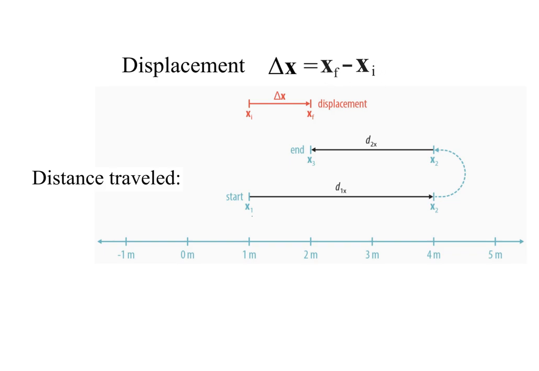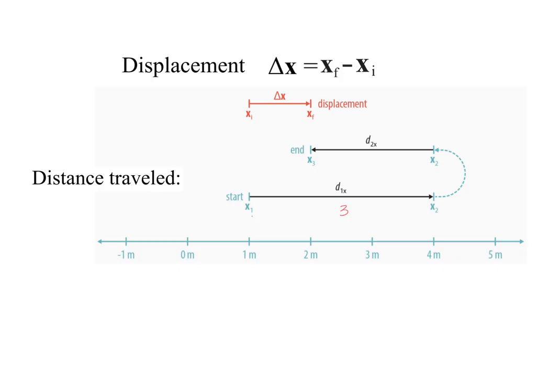So if we look at distance versus displacement here in this example, if we start here at x sub 1 and we move to this point over here, and then from that point we move back, you can see that when we went from 1 to 4 meters, that would be 3 that we traveled. And then we went from 4 back to 2.